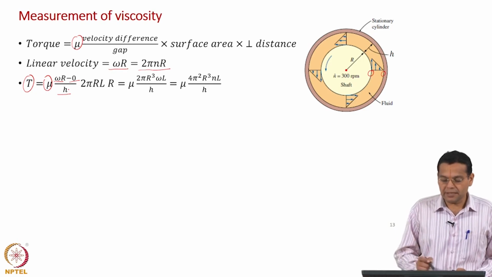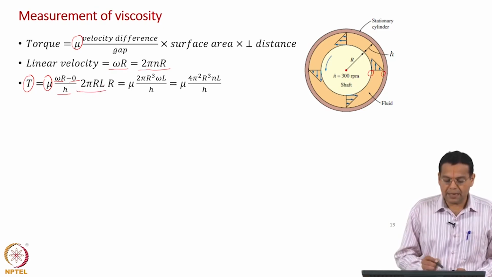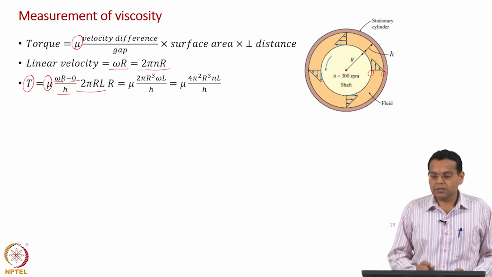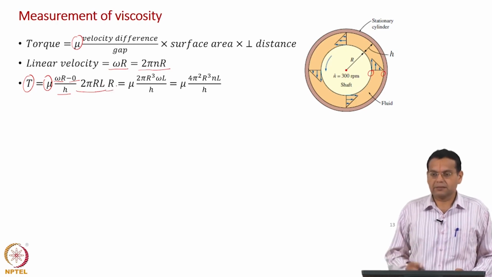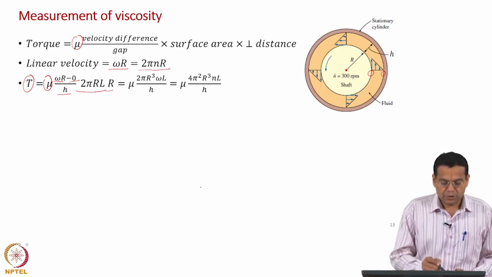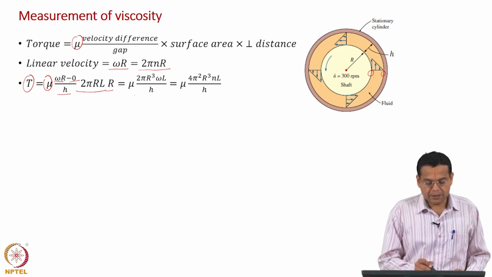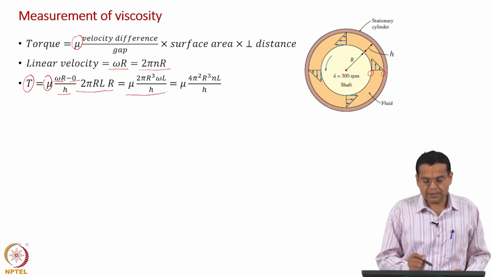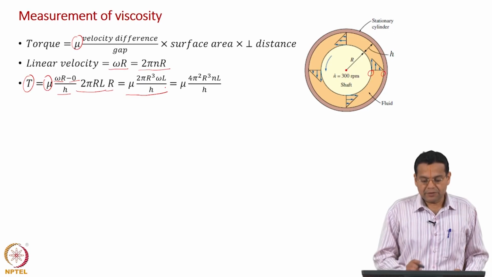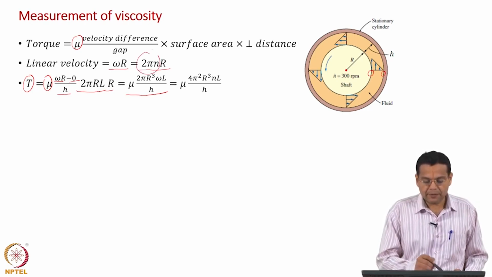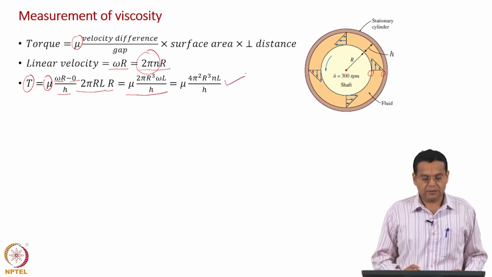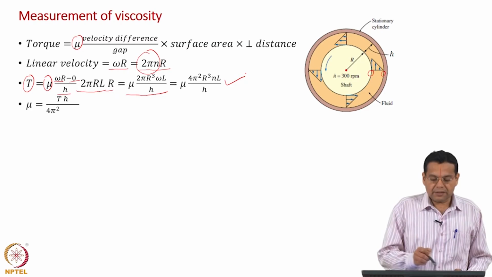Surface area of the cylinder is 2 pi r L. What is the perpendicular distance? It is r. Okay. If you multiply these terms you will get this expression, and substitute for omega as 2 pi n, okay, and you will get this expression. So, we have related torque and viscosity.